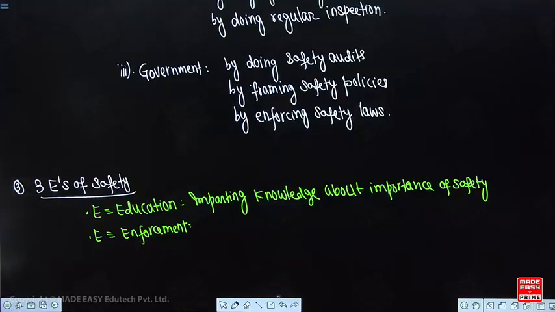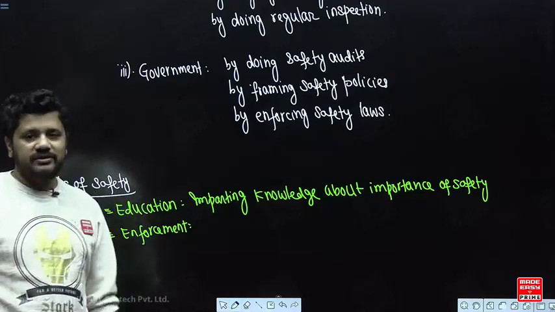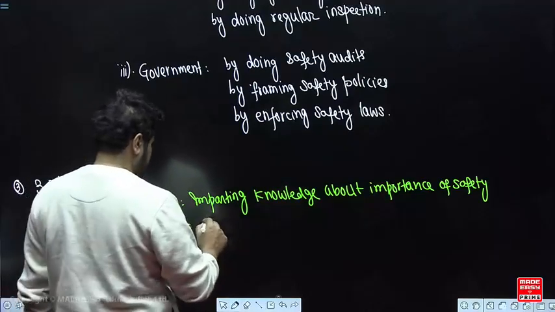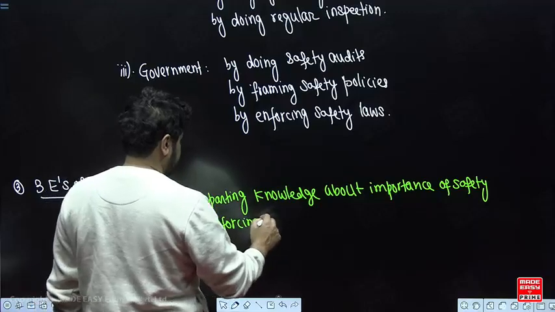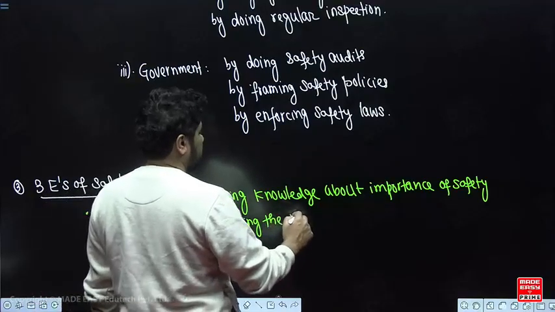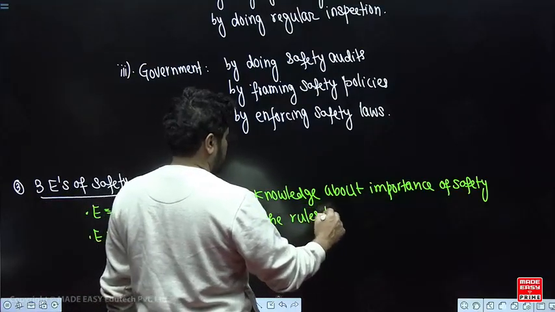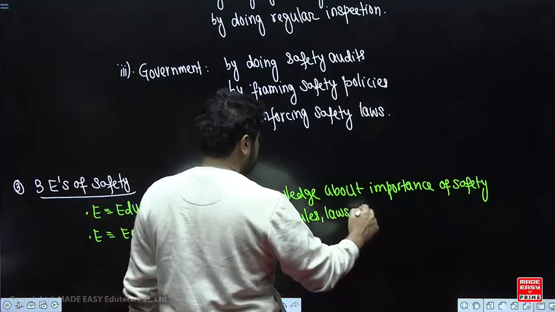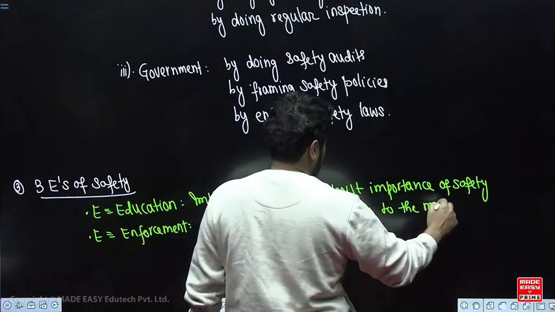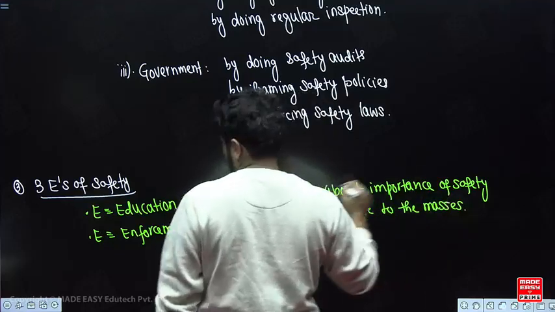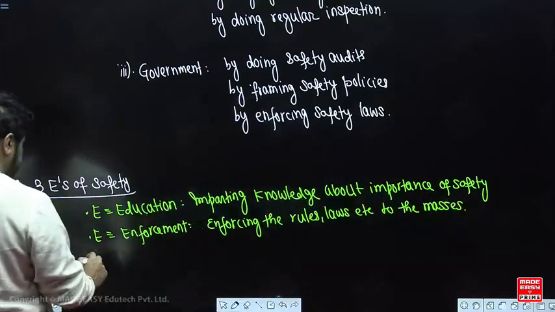What is enforcement? Enforcement means enforcing the rules and regulations of safety to the masses, right. So enforcing the rules, laws, etc. to the masses, right. And the next E.